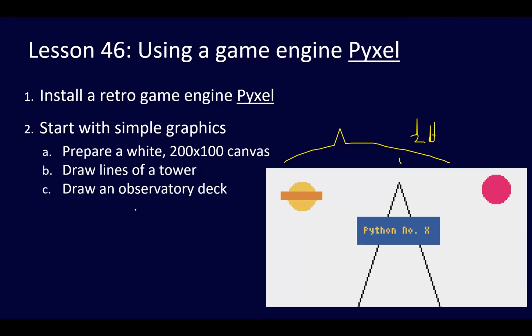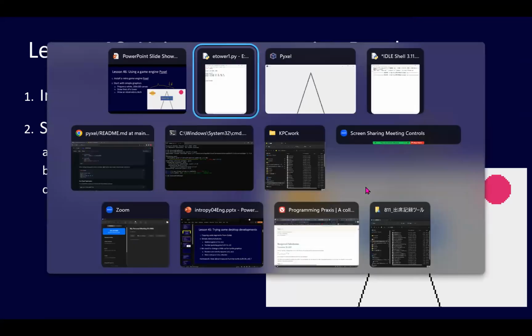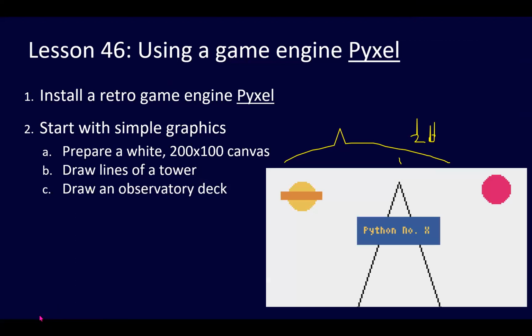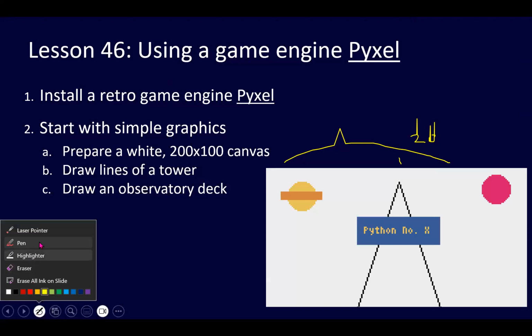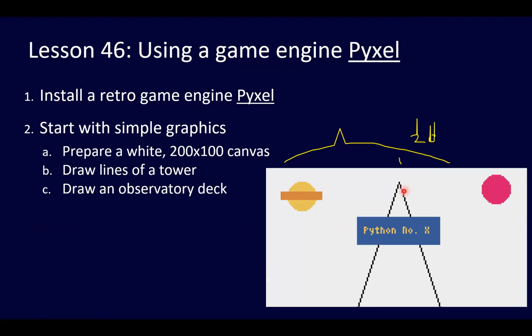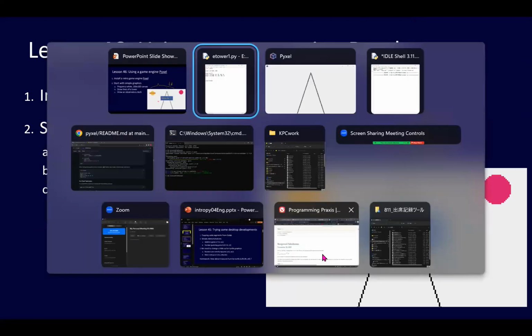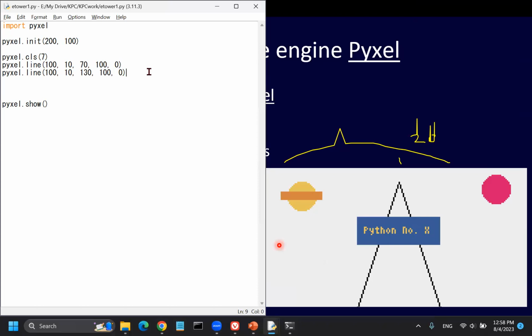draw an observatory deck like this. Okay, it's a blue one. Okay, this one. So it will be like a rectangle. So Pyxel rect, start at the left top, which is 70, and the 90.